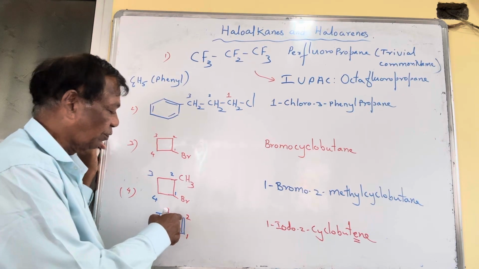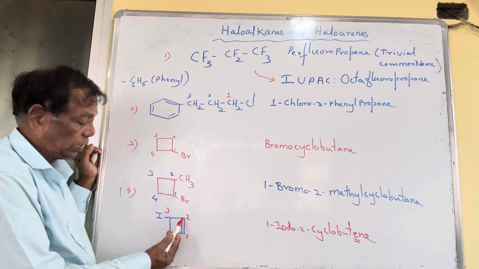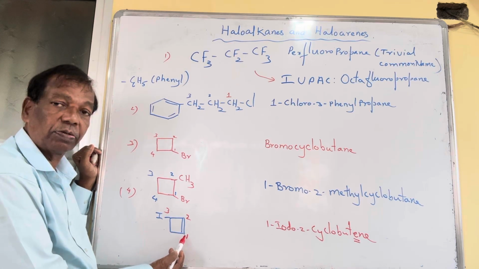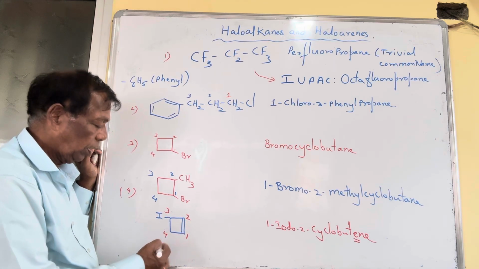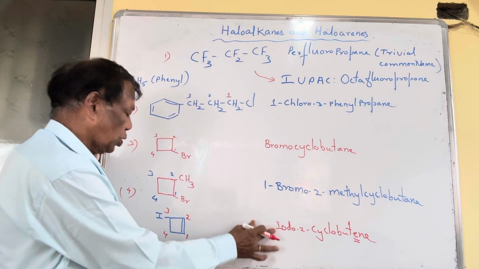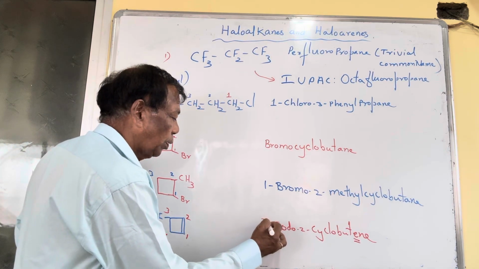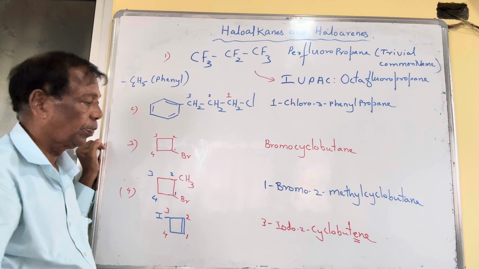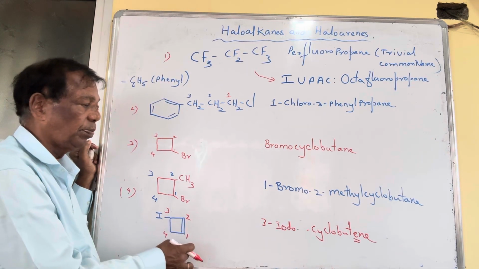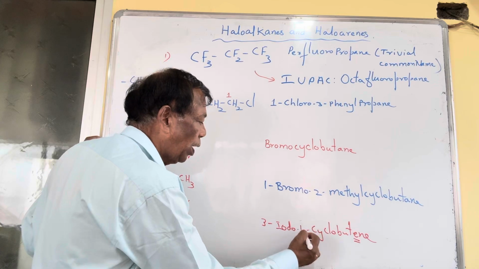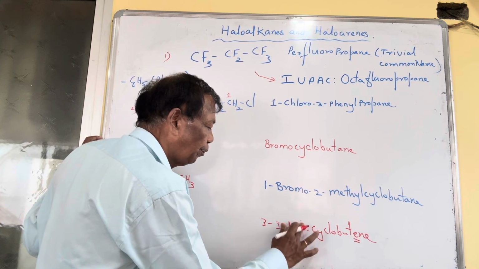Suppose if I call it 1 here, 2 here and 3 here, 4, that is wrong. So 1, 2, 3, 4. Now the iodine is attached to carbon number 3, so we have to mention 3 iodo. Alright, and then at carbon number 1 and 2, there is a double bond. So what we have to say here is 1 cyclobutene.